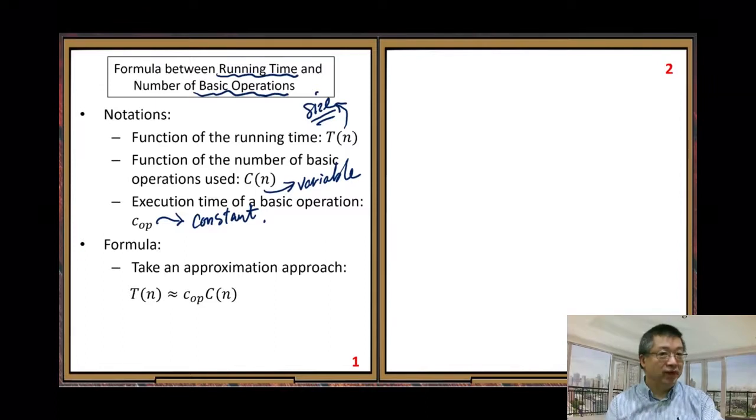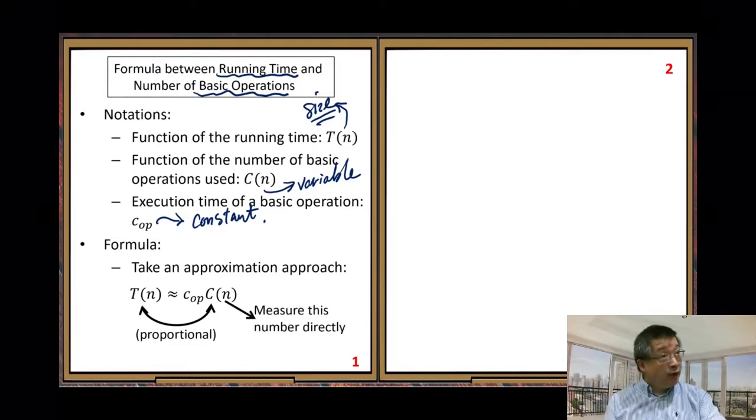Here you can see how closely these two functions are related. They are proportional, with some constant factor.